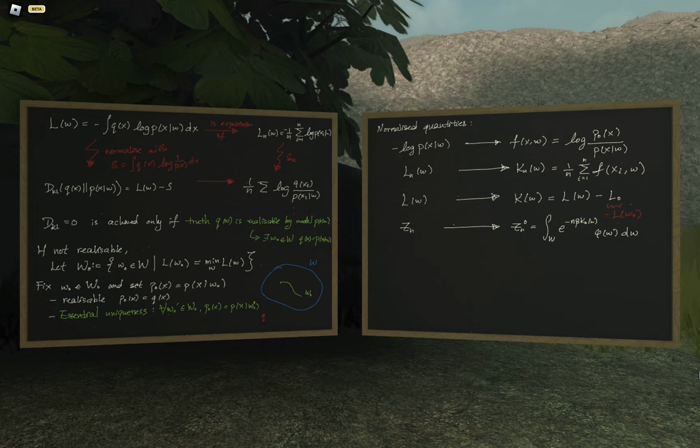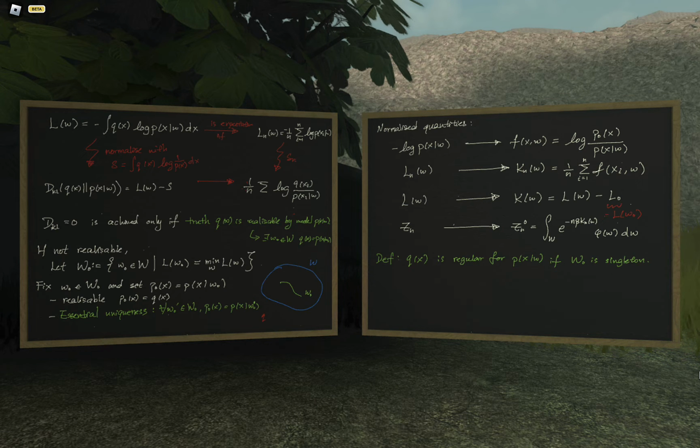Okay, and so with all this, we say that the true distribution is regular for P of X W if the optimal set is a singleton. So nothing about realizable here.